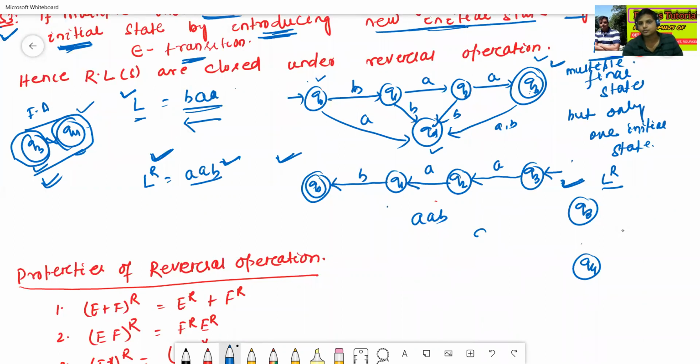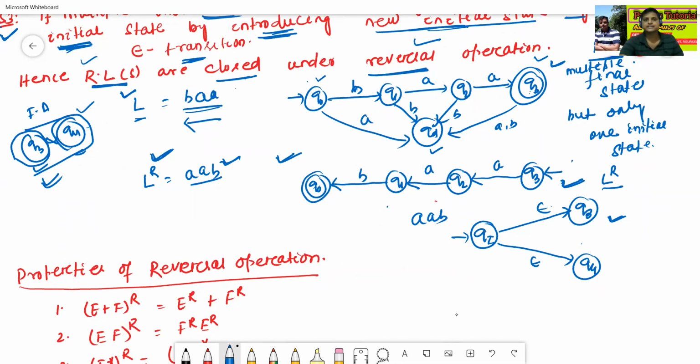Now I'll introduce one new initial state, Qi, and we'll combine with epsilon. In this way we can use the third step. Hence the regular languages are closed under reversal operation.